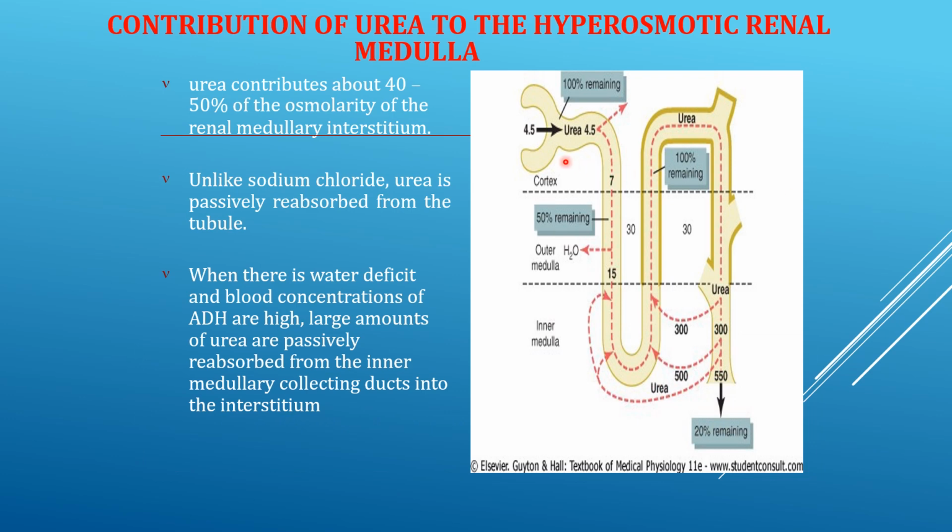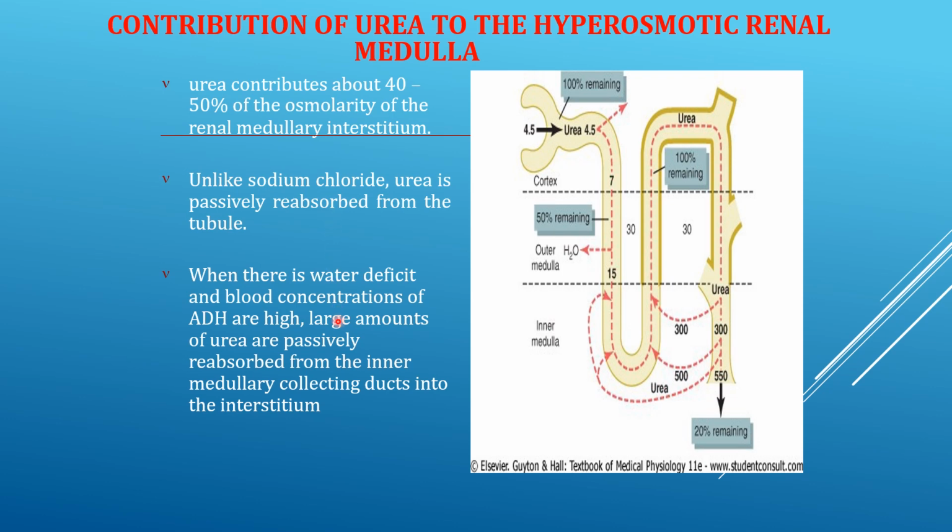And contribution of urea to the hyperosmotic renal medulla. We have seen the multiplier and exchanger, and lastly the contribution of urea. Urea contributes 40 to 50% of the osmolarity of the renal medullary interstitium. Unlike sodium chloride, urea is passively reabsorbed from the tubule.